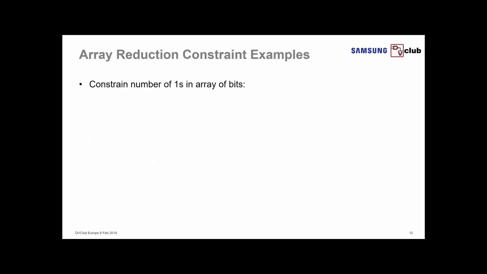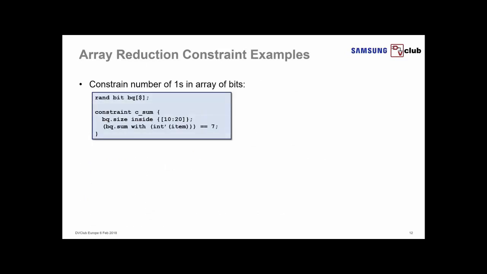So let's look at how this works in some examples. Right here, I want to constrain the number of ones in an array of bits. In this case, it looks like I want to create a queue of bits that has between 10 and 20 entries, and I want the number of 1 entries to equal 7.